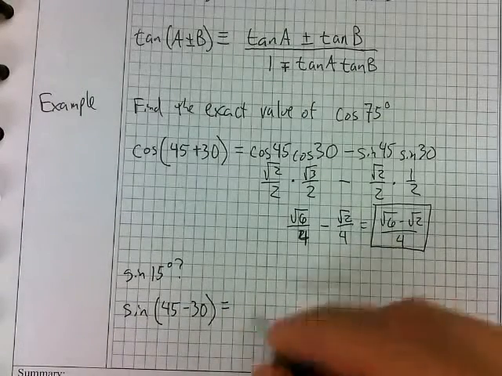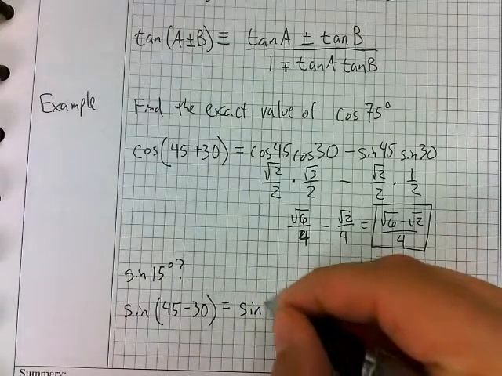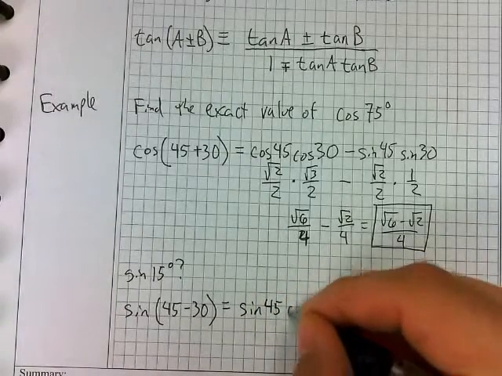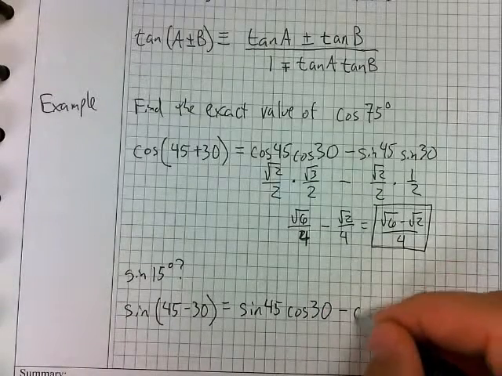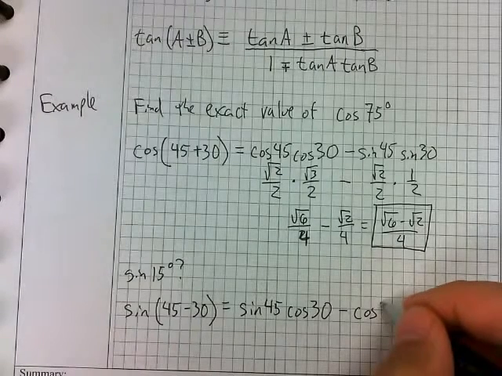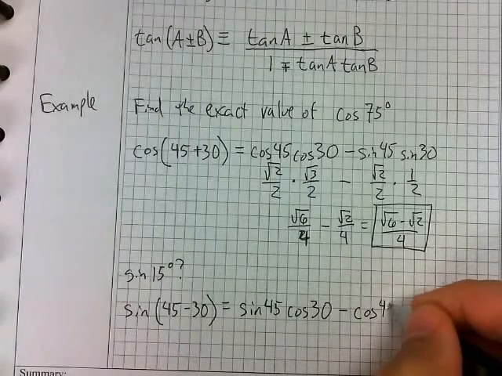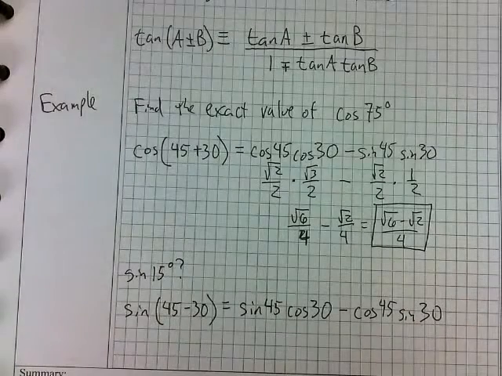So plugging that into the sine formula, I'm going to take sine 45, multiply that by cosine 30, and then subtract off cosine 45 times sine 30.